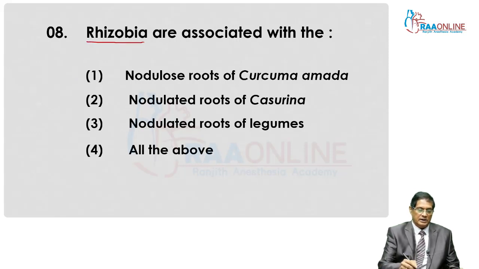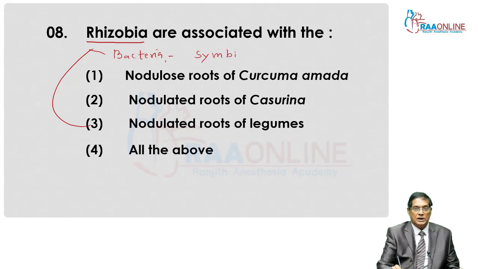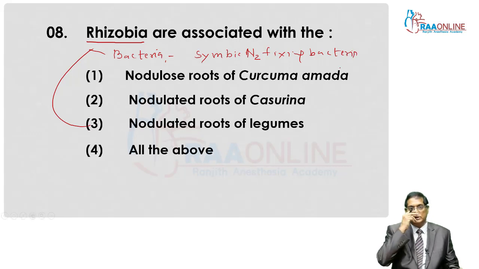Rhizobium bacteria are symbiotic nitrogen fixing bacteria associated with the root nodules of legume. So the answer is third.